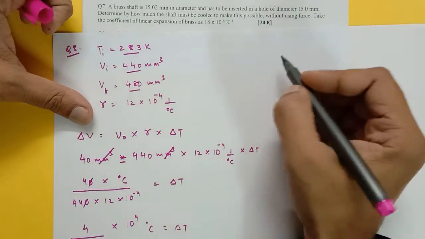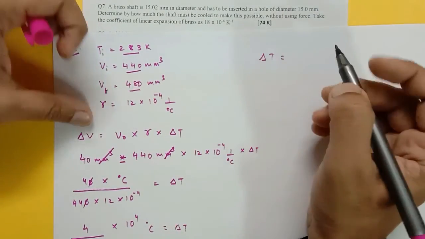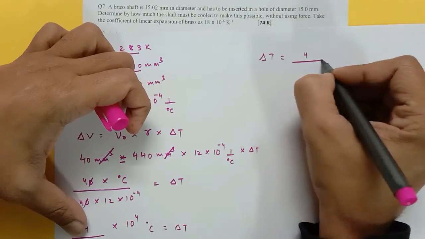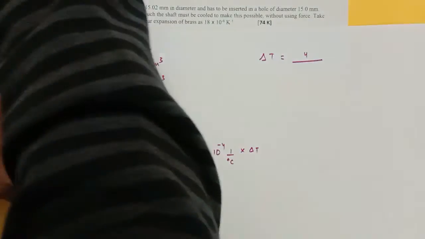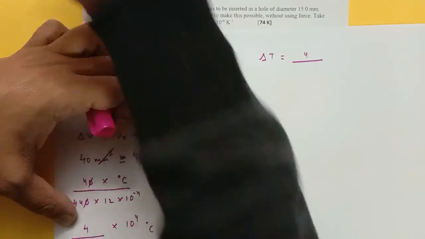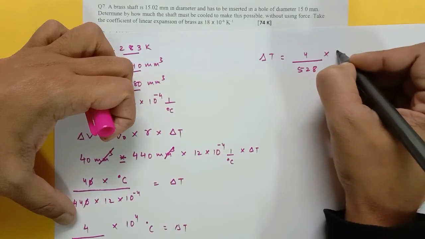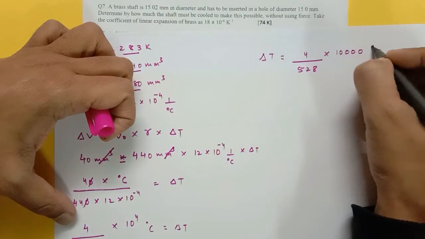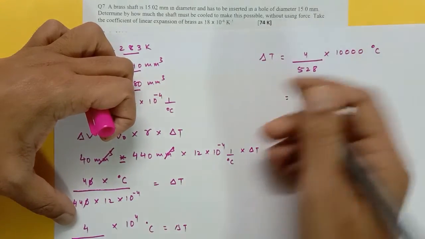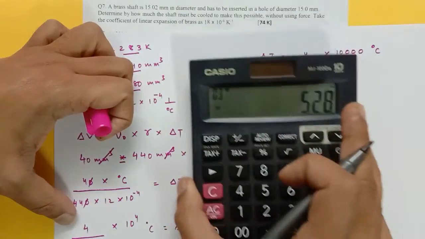So delta T again, that is equal to 4 upon 44 into 12. 44 into 12 is 528. 528 into 1, 2, 3, 4 degrees Celsius. So this is 40,000 divided by 528.